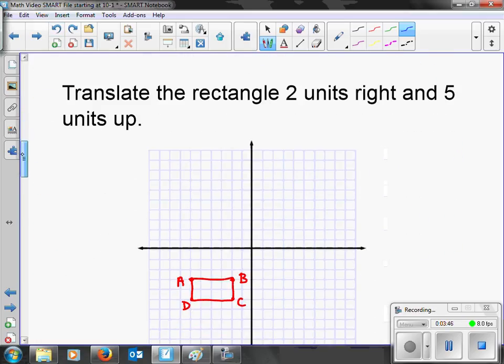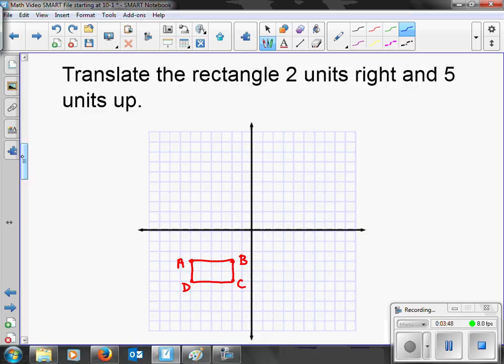Let's try another one. Here we go. Okay, so now translate the rectangle 2 units right and 5 units up. So to the right 2, 5 units up. I have A, B, C, D. This is my rectangle. Oh, we got to get the coordinates first. So A is at, we always do x first, 1, 2, 3, 4, 5, 6 units to the left, -6.